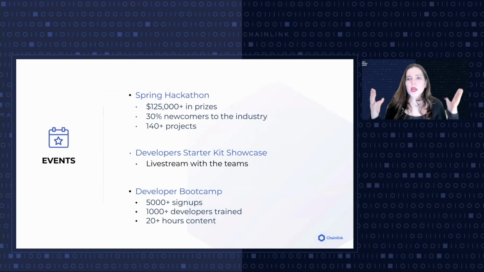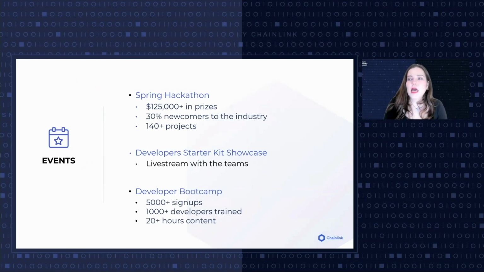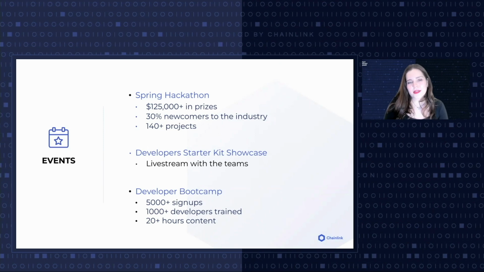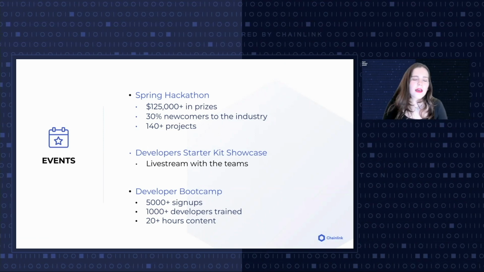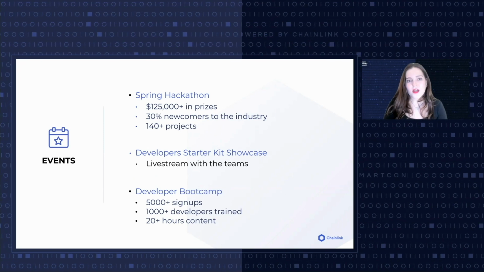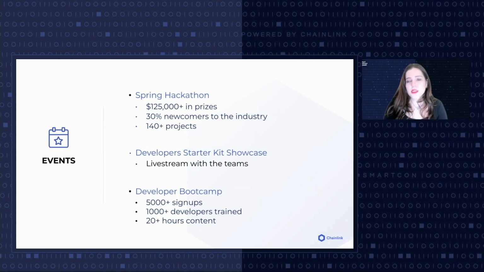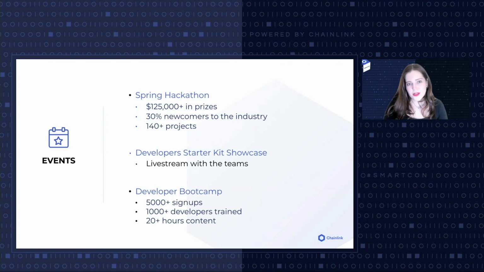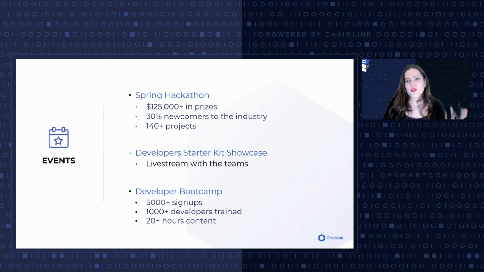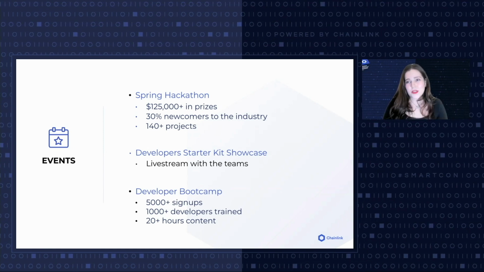And so I want to highlight some of the activities that we've done in this last year. The first one is the Chainlink Spring Hackathon. We had over $125,000 in prizes, which is impressive. We had over 140 projects submitted. But as a community person, what I want to highlight is that 30% of the participants in this event were actually newcomers to the industry.